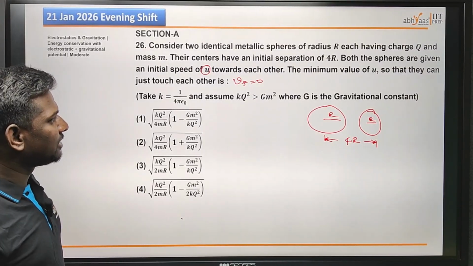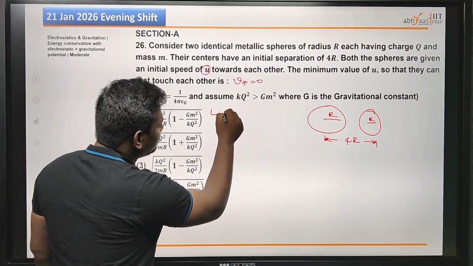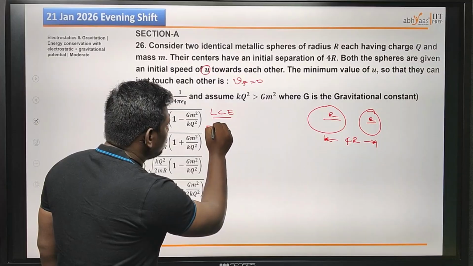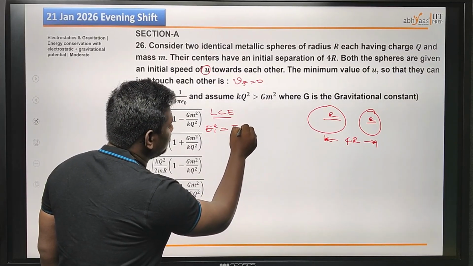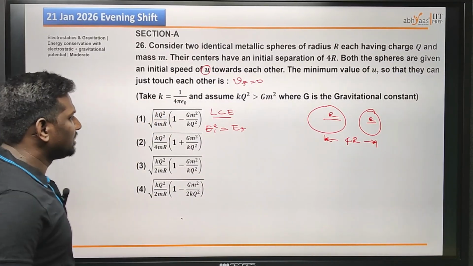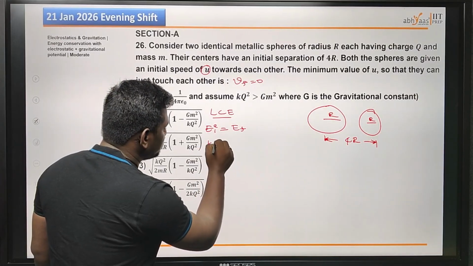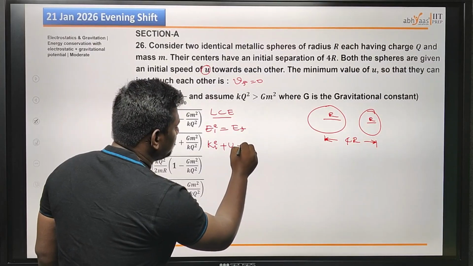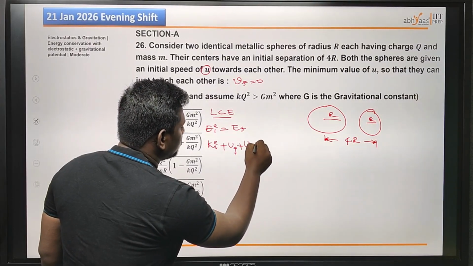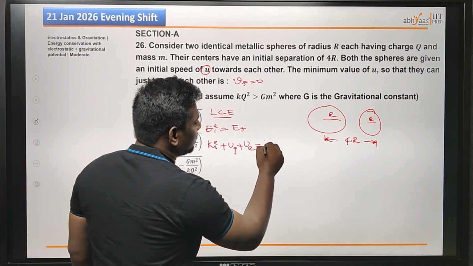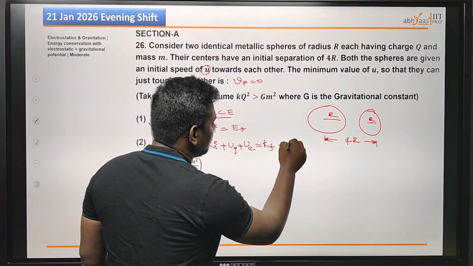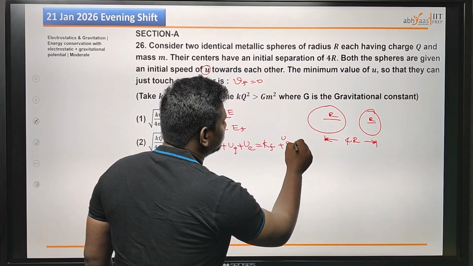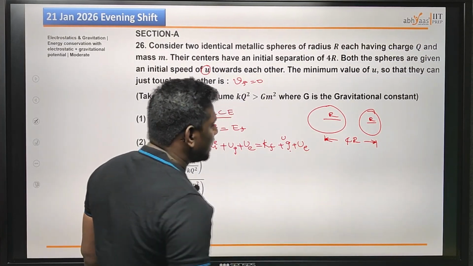So observe here. From the law of conservation of energy, we can take E initial equal to E final. Kinetic energy initial plus gravitational potential energy plus electrostatic potential must be equal to kinetic energy final plus gravitational potential final plus electrostatic potential.